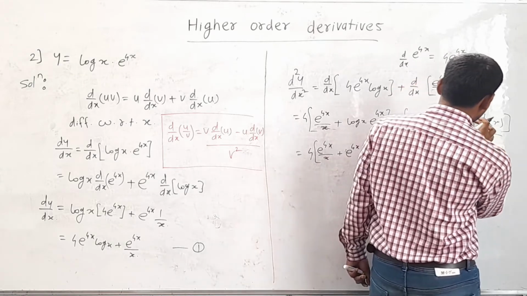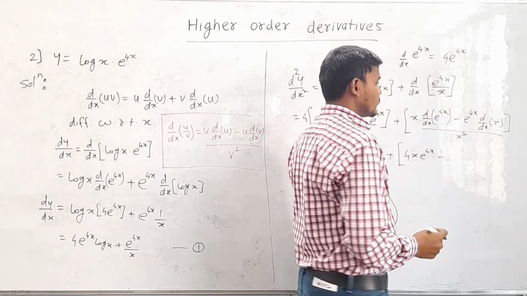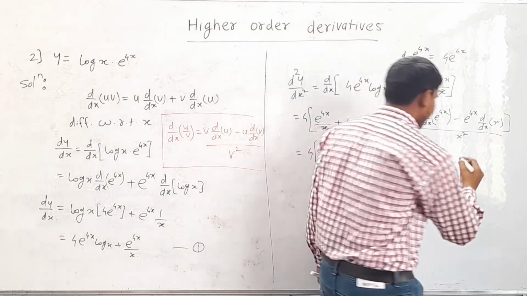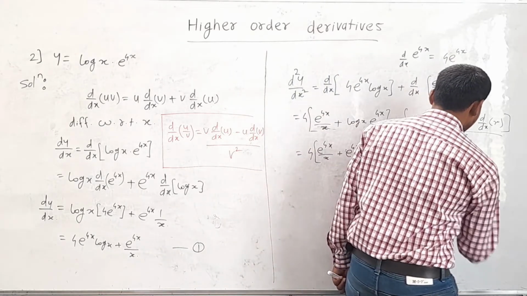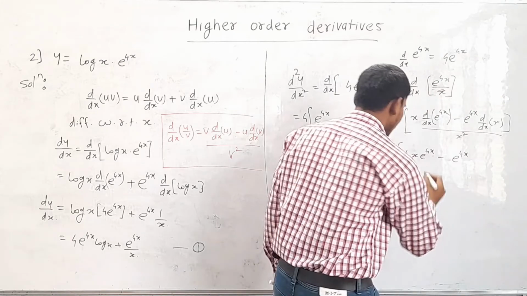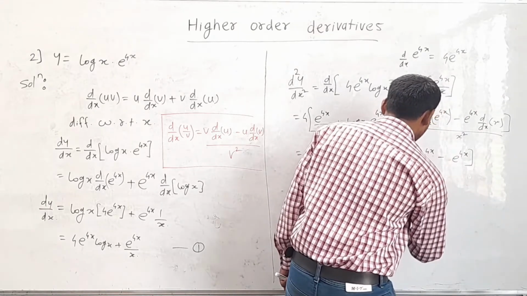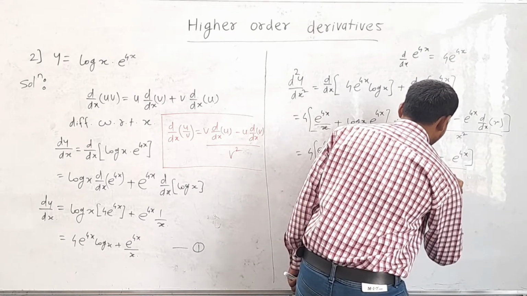Minus e raised to 4x and the derivative of x is 1, so the whole divided by x square.